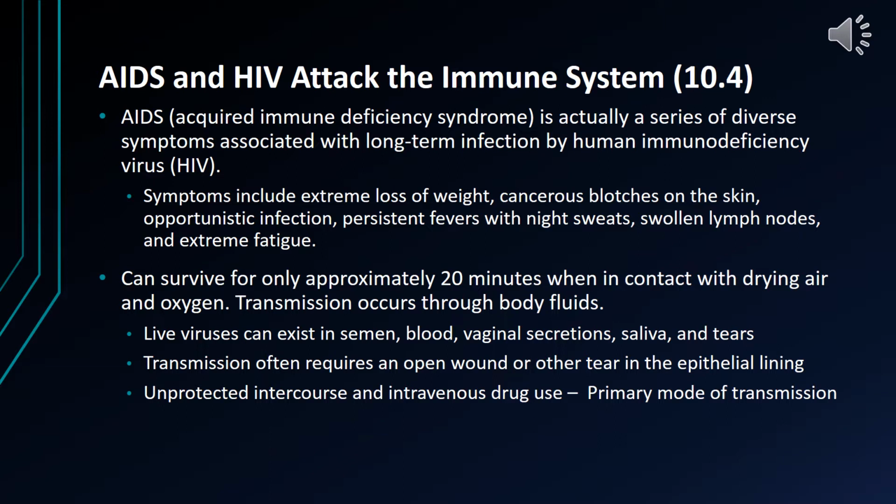However, transmission typically requires an open wound or other tear in the epithelial lining. And typically, AIDS is transmitted through unprotected intercourse with an infected individual or intravenous drug use, injection of drugs into the bloodstream. And these are the primary modes of transmission.